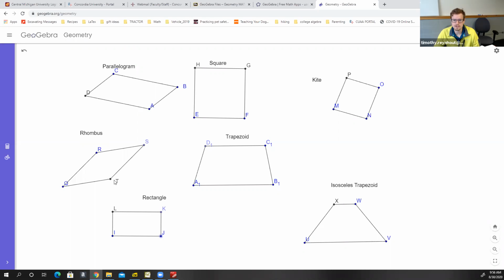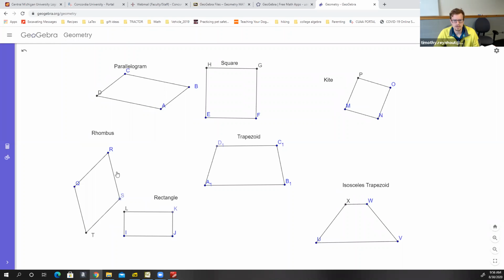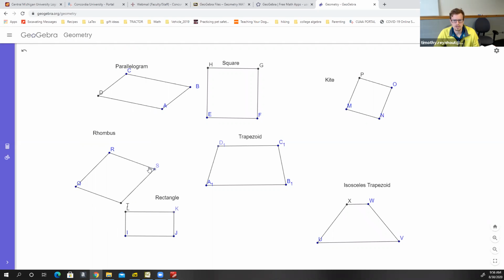Finally, we also have a rhombus that we could consider, and it appears that these diagonals are going to be perpendicular to each other all of the time.